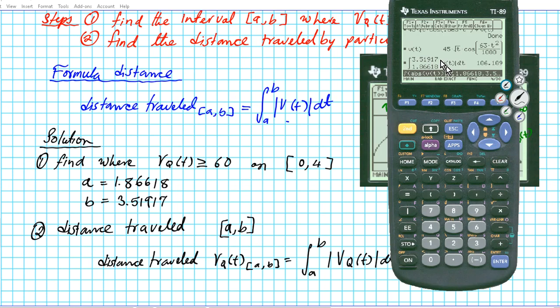Now you see the beauty of using V of t, it's easier to avoid making mistakes. Had I entered the original function, it's easy to make mistakes. So that's the nice thing about storing your functions when you're evaluating, especially when you're using the function multiple times. It's a very low risk approach. Alright, so 106.109, that's our answer right there. So let's write it down.